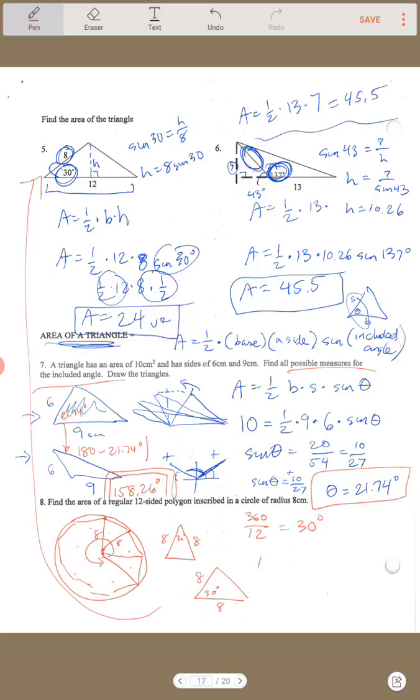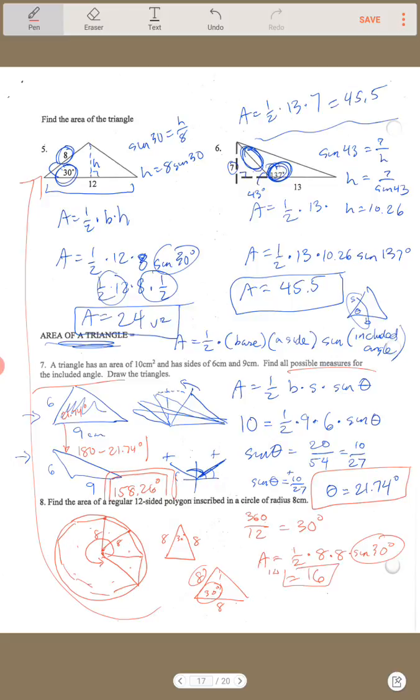So if you want to find the area of one triangle, you can just take half times the base, which is 8, times 8 times sine of the included angle, 30 degrees. Okay? Because that's how you can get the height of your triangle. So sine of 30, we know that to be half. Okay, so we're taking half times 8. That gives us 4 times another 4. That's going to give us an area of 16.